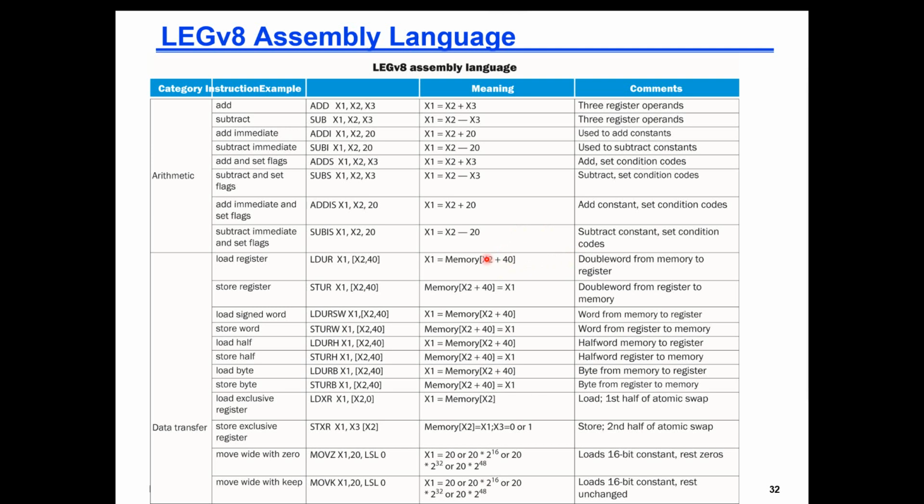But the point is that the sum of the contents of the register and an immediate value is the actual address. And then the contents of that memory location is going to register 1. LDUR stands for load unsigned register. That's the other way to look at the contents of memory.